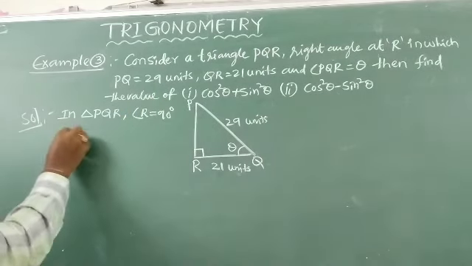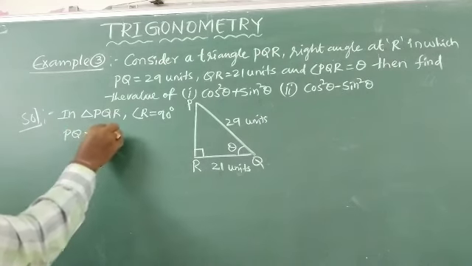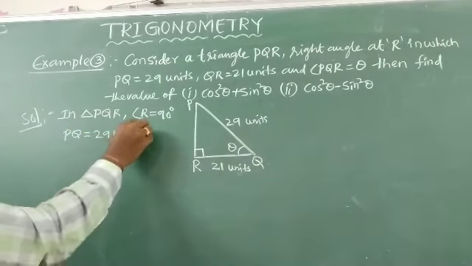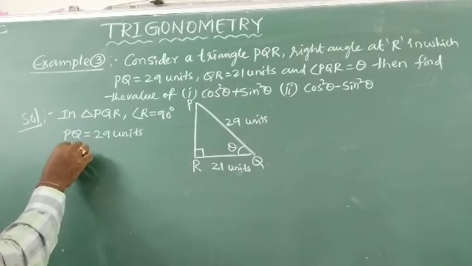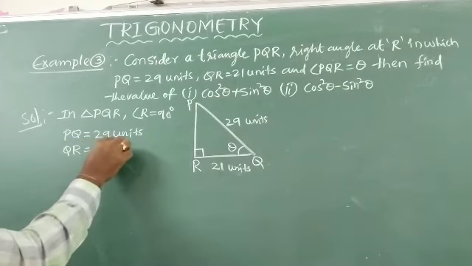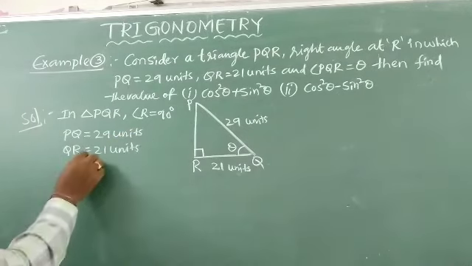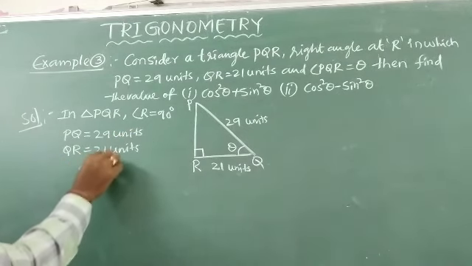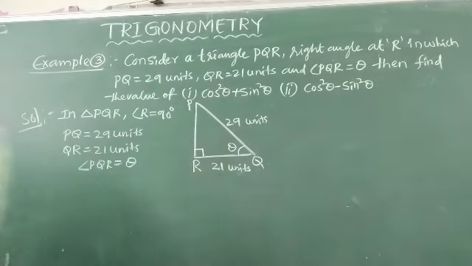PQ equals 29 units, QR equals 21 units, and angle PQR equals theta. These are the given values.